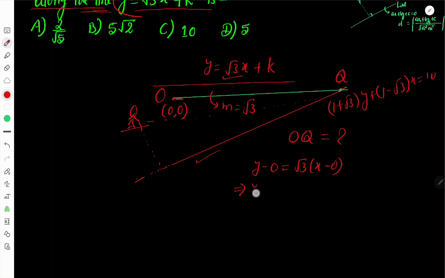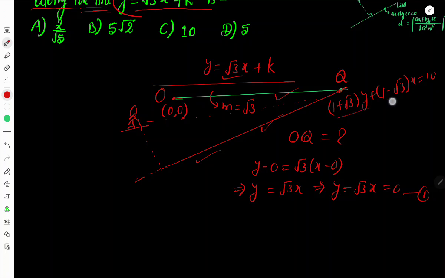So y is equal to root 3 x, or y minus root 3 x is equal to 0. Now if we solve this line and the other line, we'll get the intersection point, and then its distance will be known, correct or not?